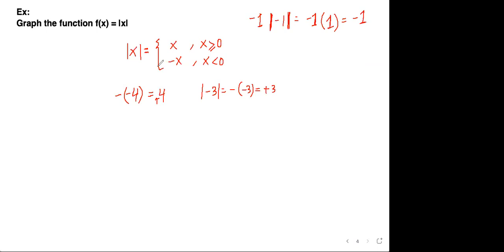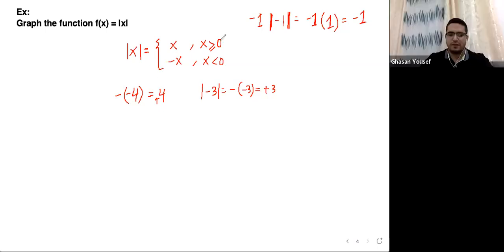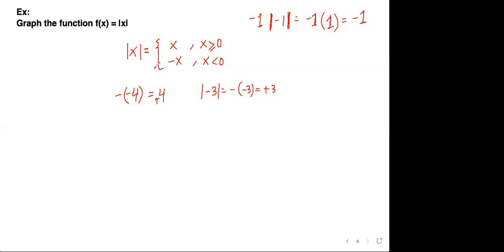So, Professor, in the questions, is there always going to be a domain, like x is bigger than 0? Yes, for a piecewise function. But in the exam, I'm going to give you the function like this: graph the function f of x equal the absolute value of x, to make it easy.